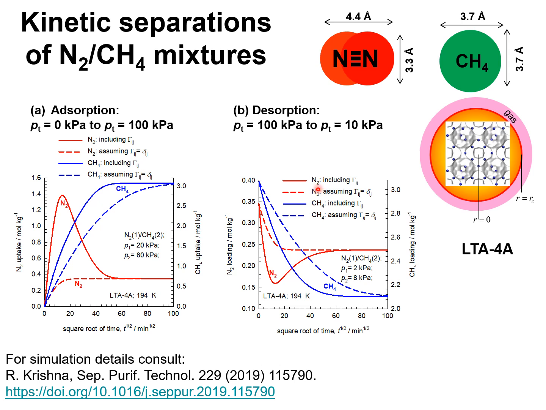the adsorption equilibrium favors methane due to its higher polarizability, but nitrogen has a higher diffusivity because the gas molecules jump lengthwise across the 4 angstrom windows of LTA4A zeolite, and nitrogen has a smaller cross-sectional dimension.